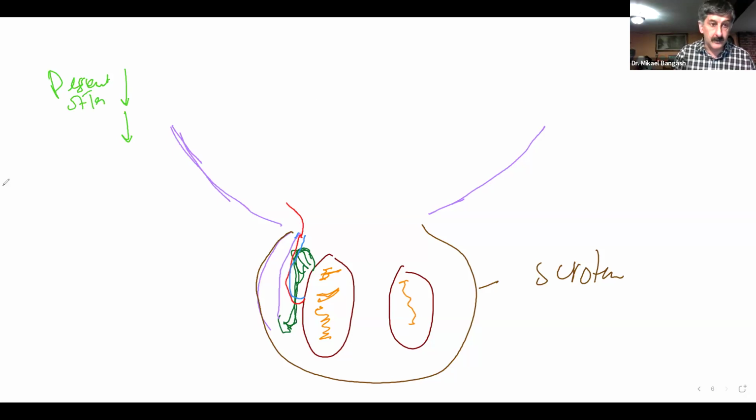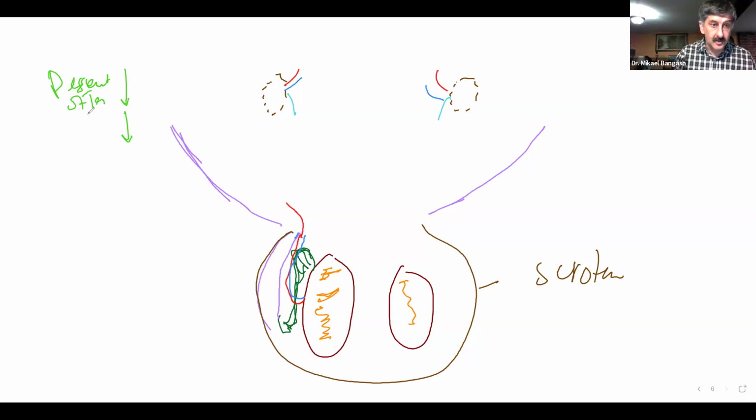Because developmentally, the testes were first developed here, where they had their cords, they had their arteries, and they had their veins.